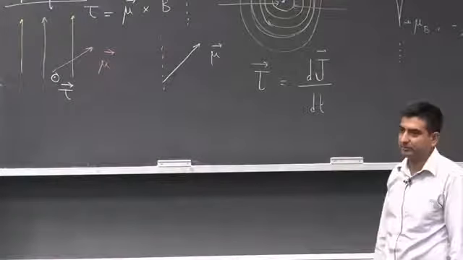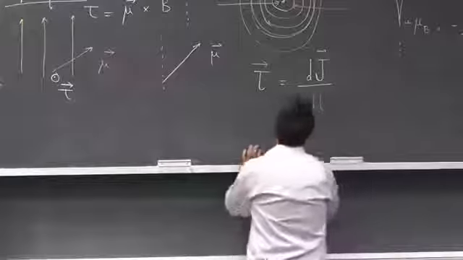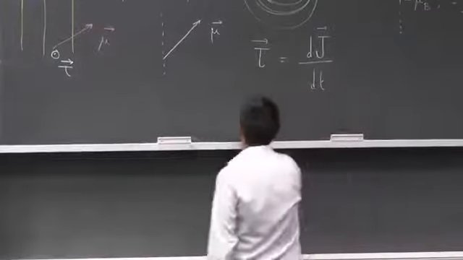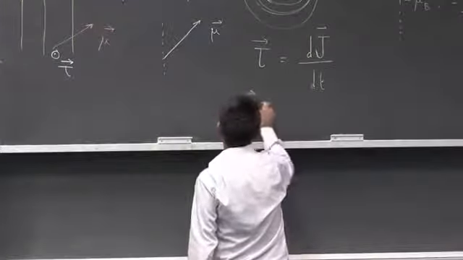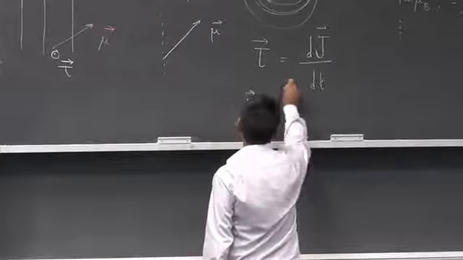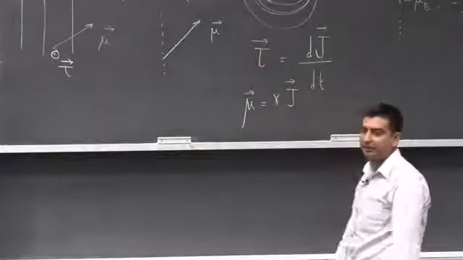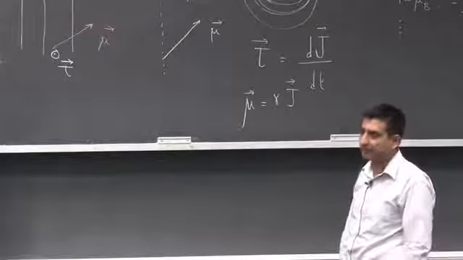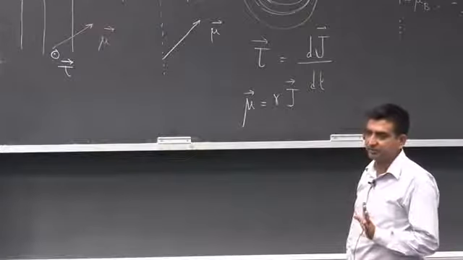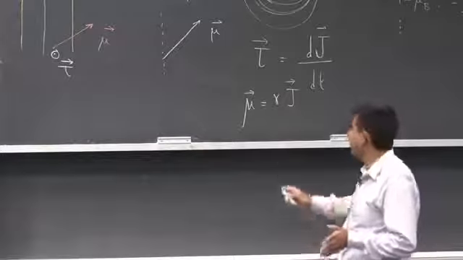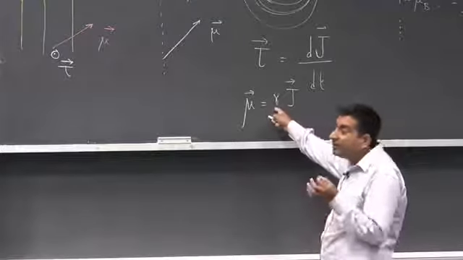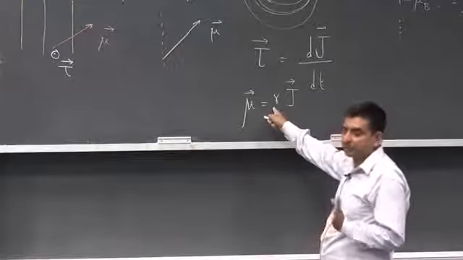We also know that the magnetic moment is proportional to J, and the constant of proportionality is the gyromagnetic or magnetogyric ratio, gamma. We learned about this in the first class. For an electron, this is e over m, and so on.